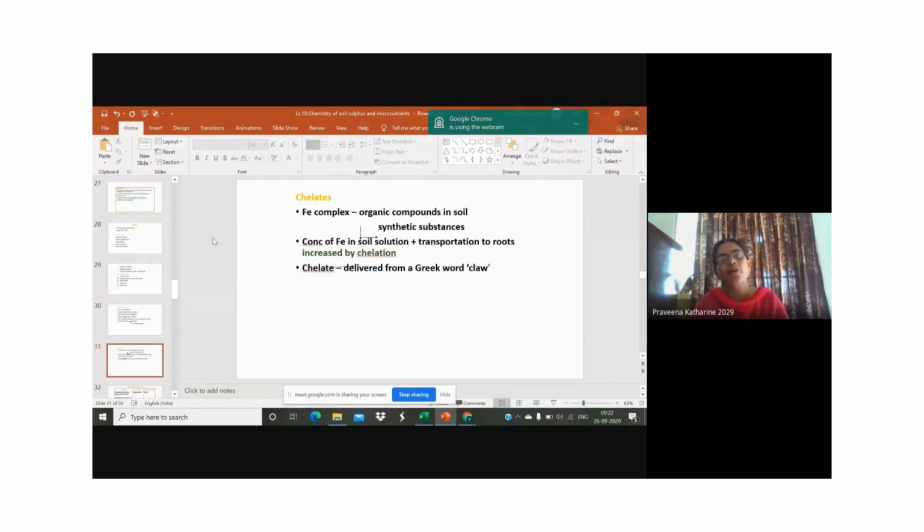Next is the chelate form. That is your organic form of iron. Okay, so the organic compounds form complex with the iron. This is known as complexation or chelation. Okay, this is very, very important for plant nutrient uptake because these are all heavy metals, isn't it?